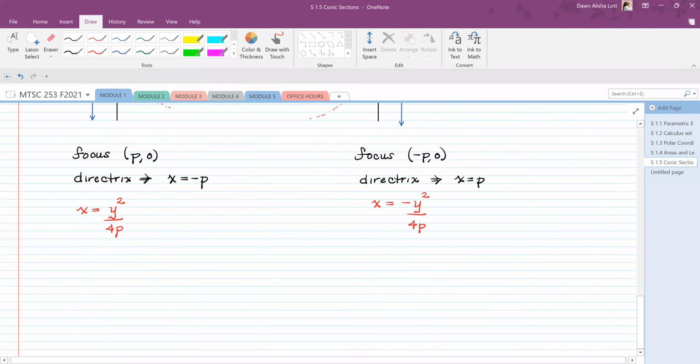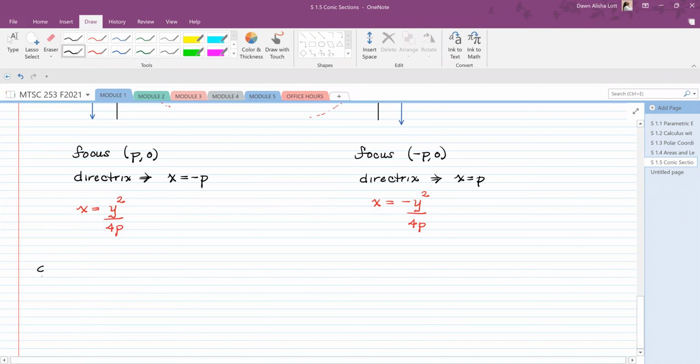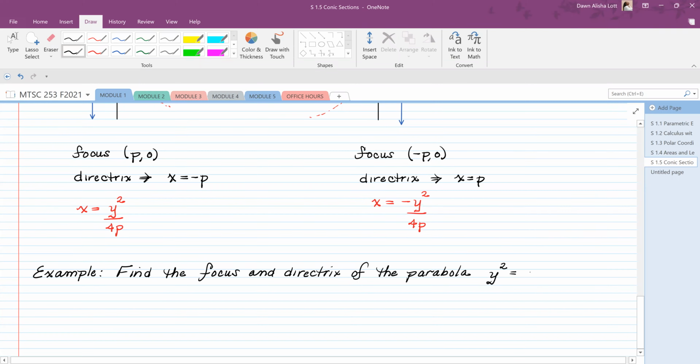Okay, so here's an example. Find the focus and directrix of the parabola y squared is equal to 10x.